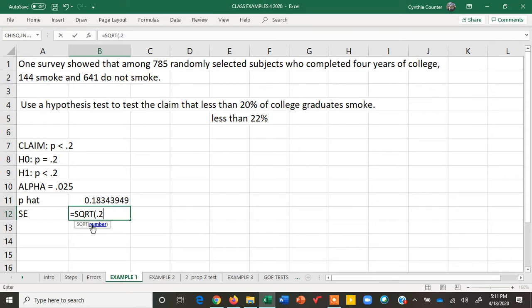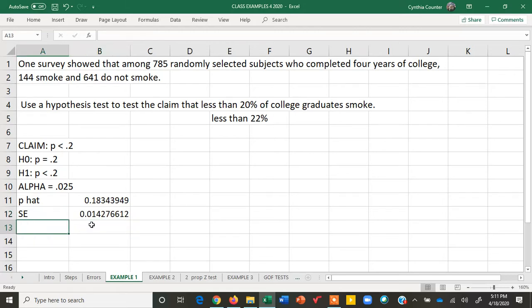You do not use the estimation p hat, but you're going to use the assumed value because we are assuming a distribution of sample proportions where the true proportion is 0.2 and therefore has a standard error corresponding to that 0.2. So we want the square root of 0.2 times open parenthesis 1 minus 0.2 close parenthesis divided by the sample size of 785.